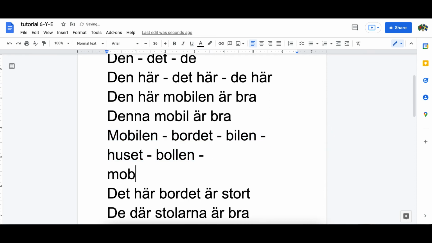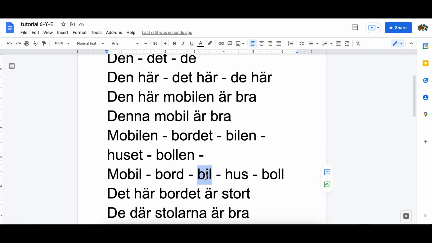So when you use den här, then you must use mobilen, i.e. bestämd form. Bestämd form means you are pointing exactly to this mobile. So for example, mobilen means this mobile, bordet, this table, bilen, this car, huset, this house, bollen, this ball. So here all the words we are pointing to exactly the thing. So the main word is mobil, bord, bil, hus or boll.